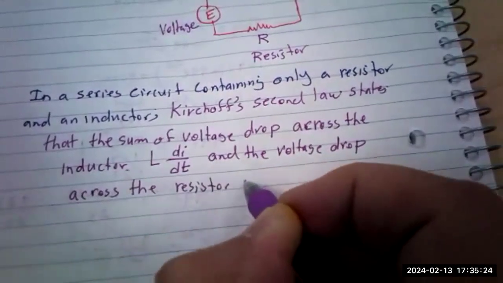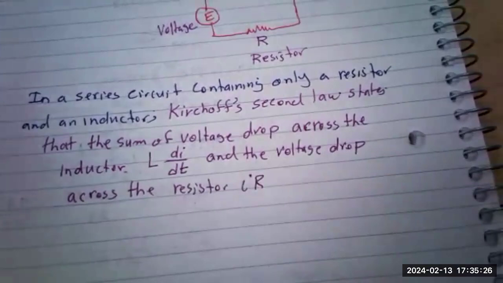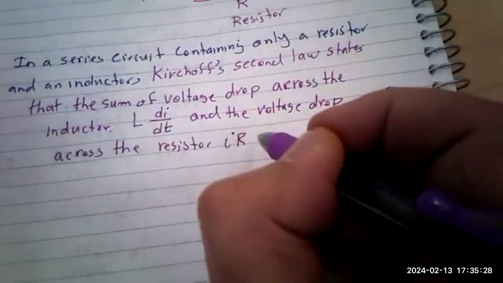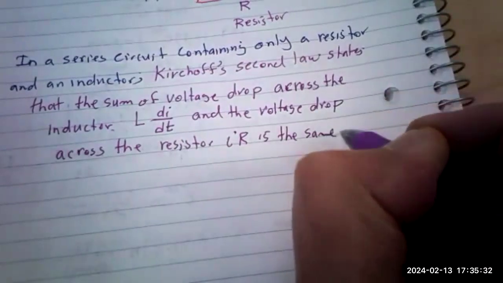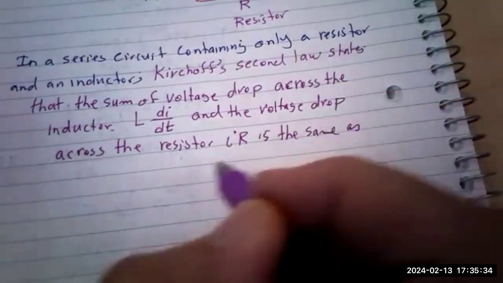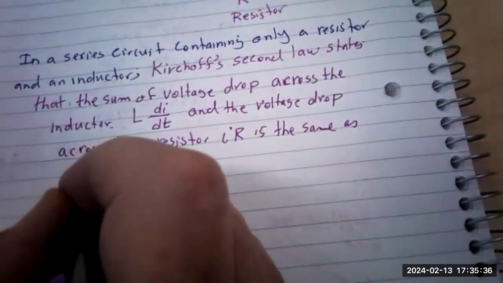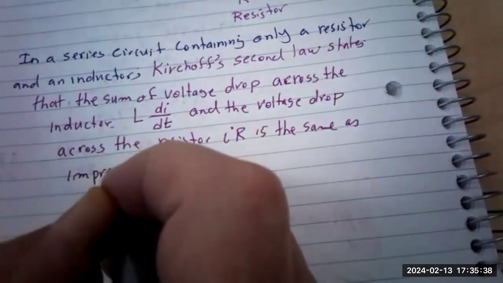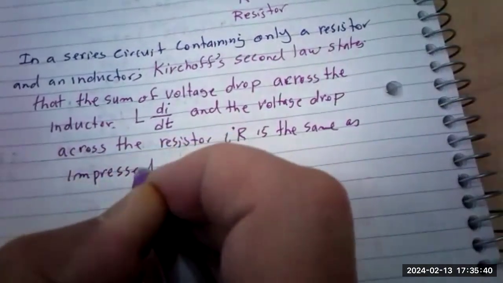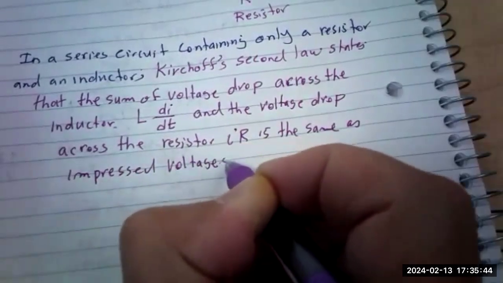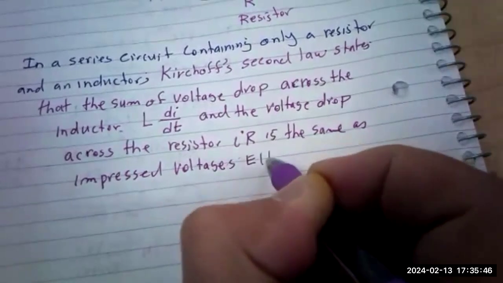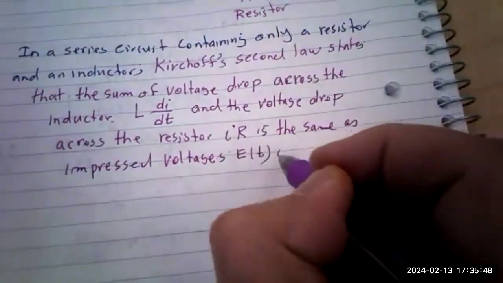This one will be denoted by I times R. It is the same as the impressed voltage E of t on the circuit.